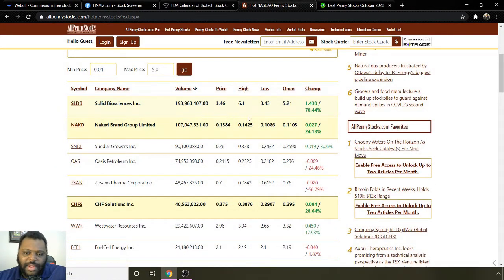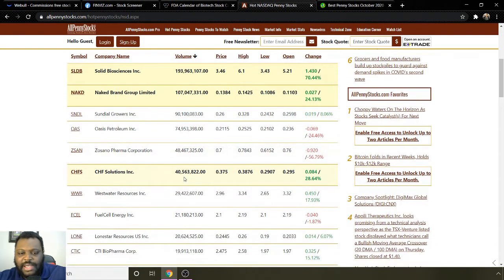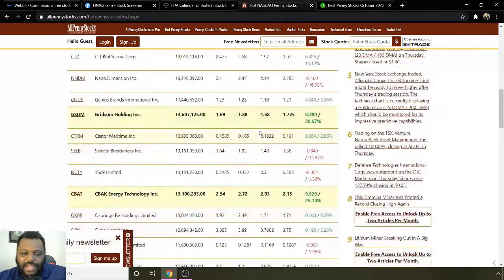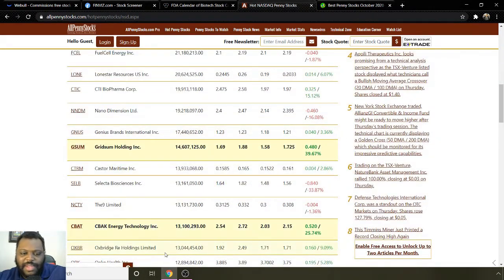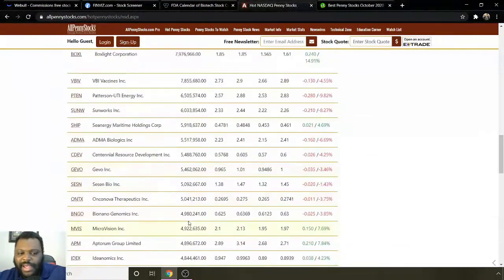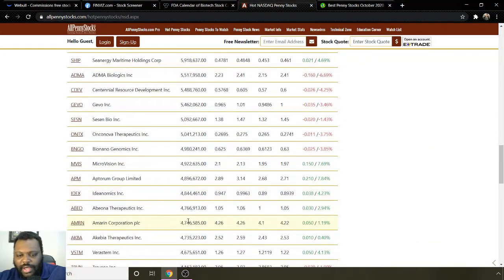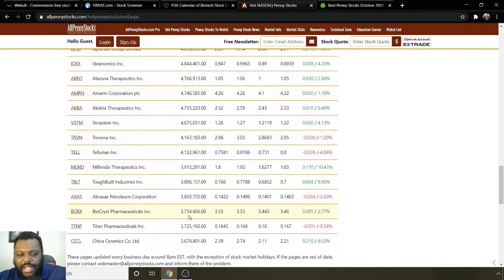Some of the highlighted ones are the ones with the greatest percent change and the highest volume. It tells you volume, price, the high, the low, the open, and the percent change. Good information on here. It has some of these highlighted, so a good place to start if you're looking for good penny stocks to trade.